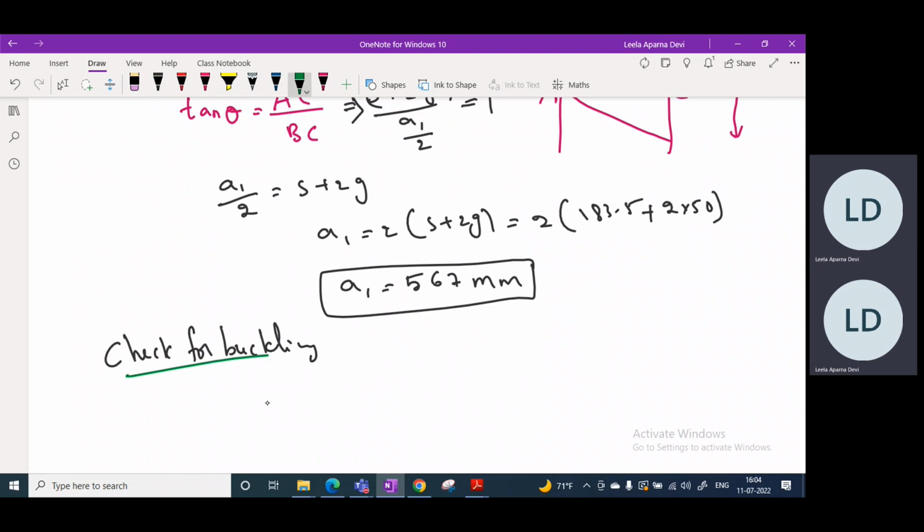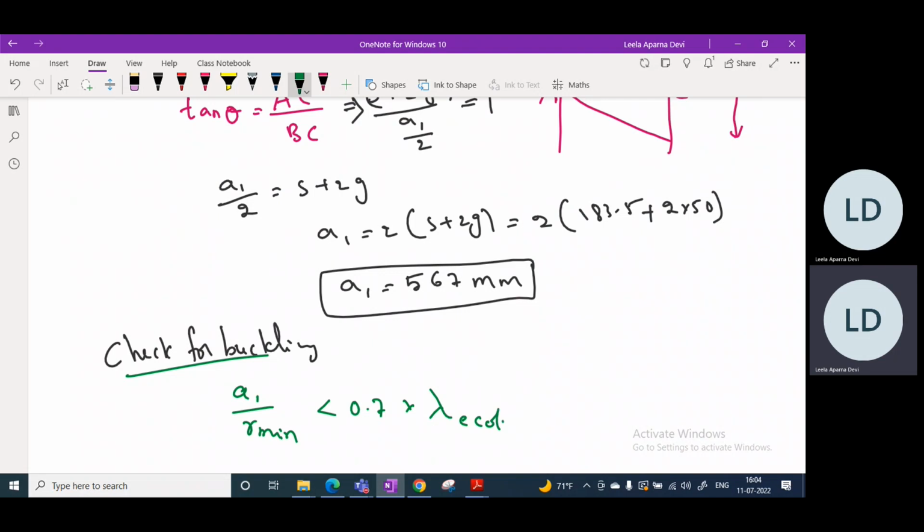The check for buckling will be A1 by r minimum, which should be less than 0.7 times lambda e of the column, and also it should be less than 50.